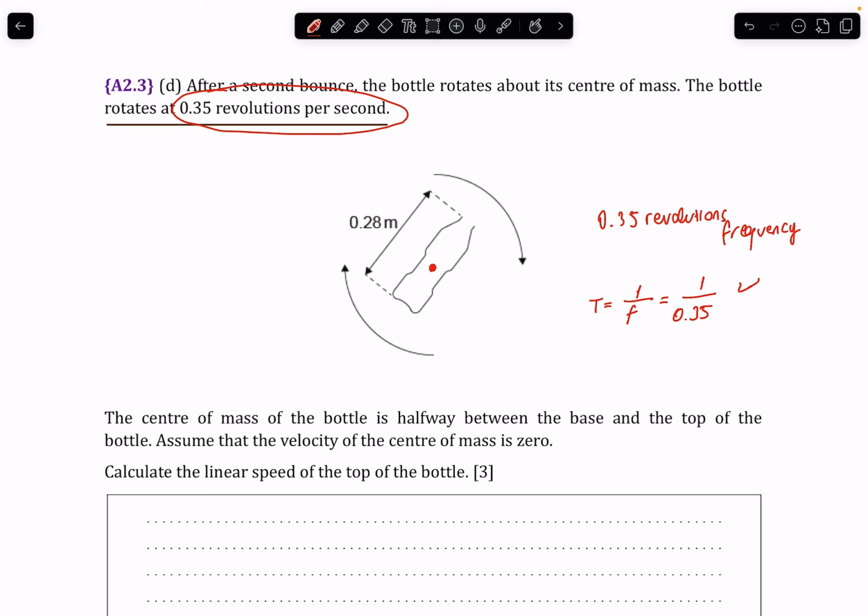The center of the mass of the bottle is halfway between the base and the top of the bottle. So this means that this area right here, which we can consider r, its radius, is 0.14 meters. Assume that the velocity of the center of mass is 0. Okay, calculate the linear speed of the top of the bottle.